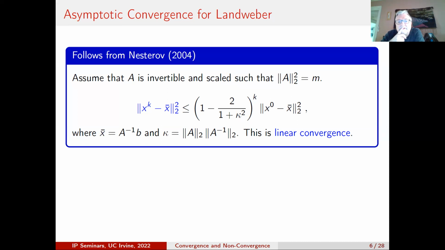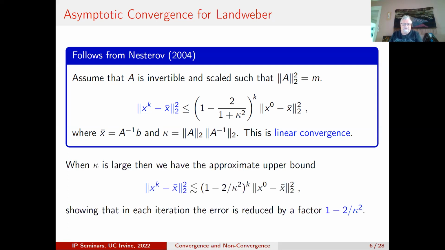And then we have this relation here for the convergence. So this is like a classical result, and you can find this in many texts, right? Linear convergence is what we have here. And we can also see from this expression here that the convergence can be quite slow when you have a large condition number.